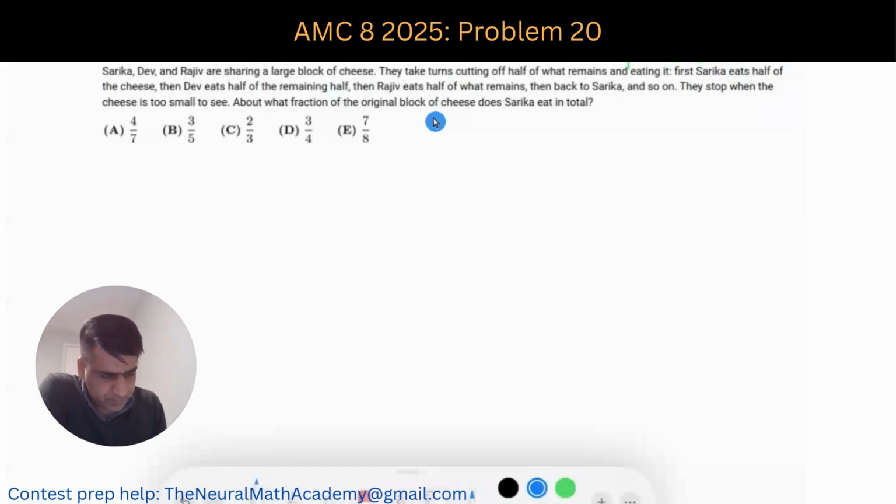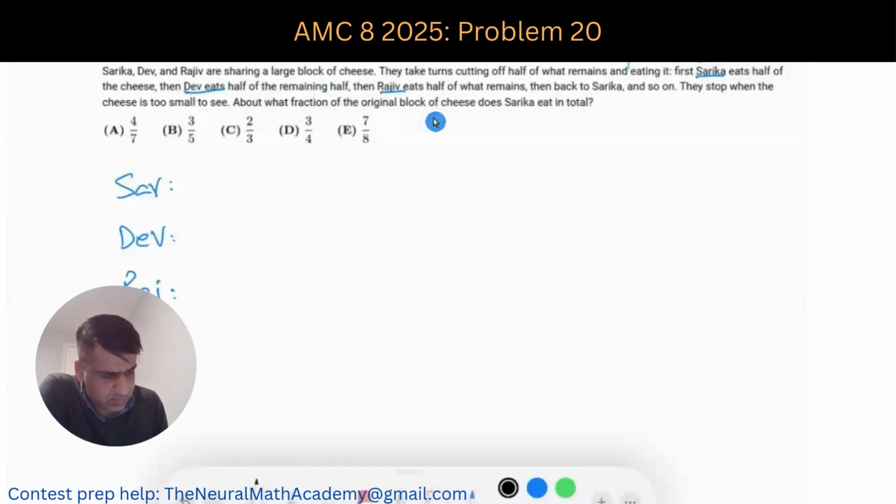So there are three people who are involved. One is Sarika, Dev, and Rajiv. So let's say that we are having Sarika, Dev, and Rajiv. And we're starting with one as a whole for cheese.